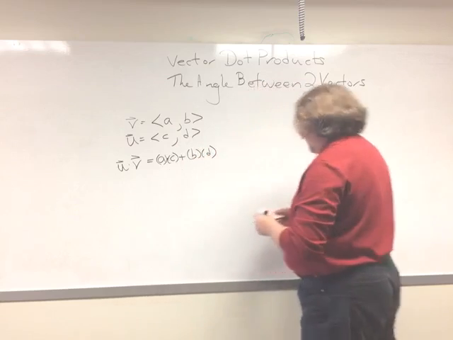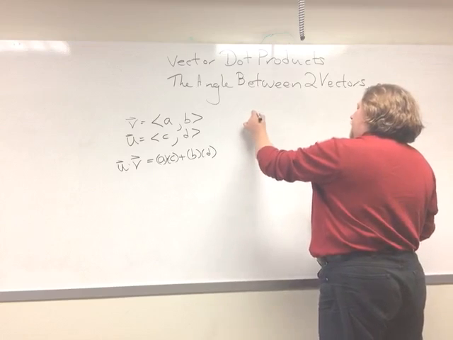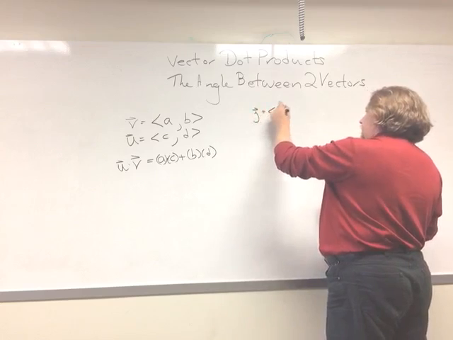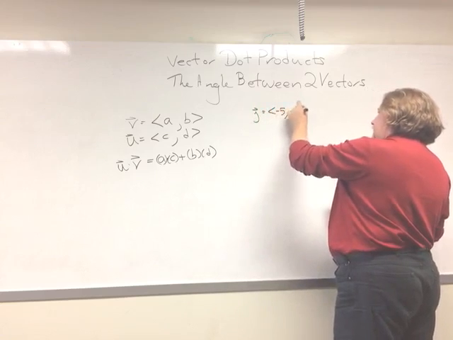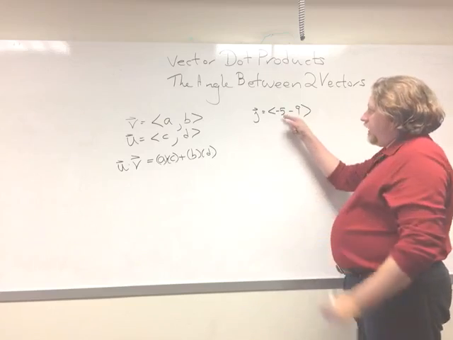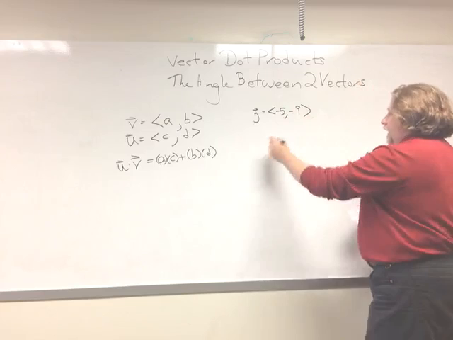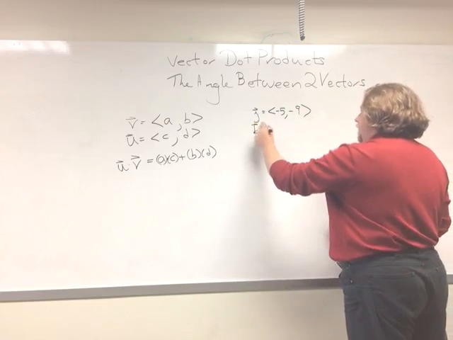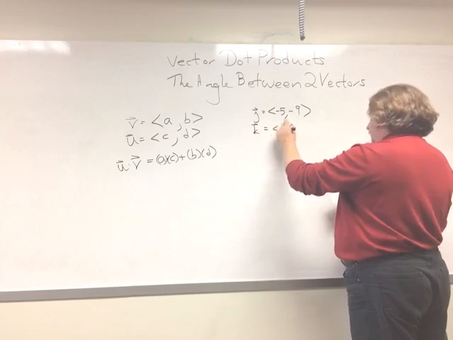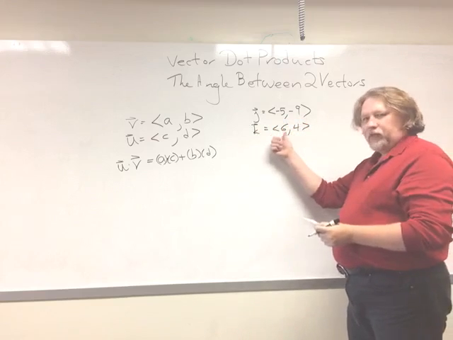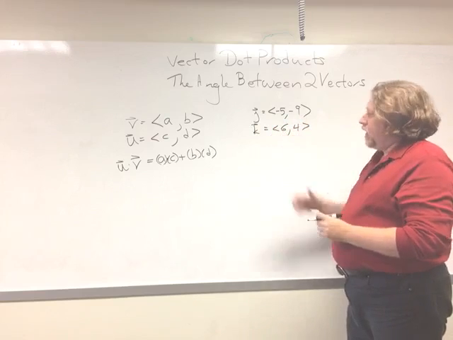So as an example, suppose I've got a vector j, and j is -5, -9. So j is a vector that goes 5 to the left and 9 down. And k is a vector 6, 4. So k goes 6 to the right and 4 up.